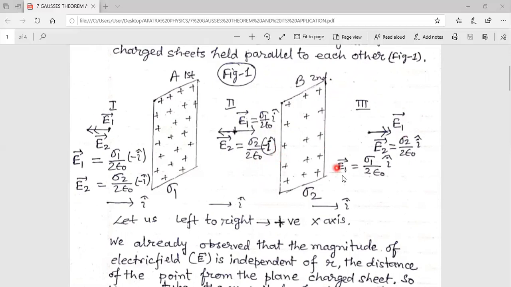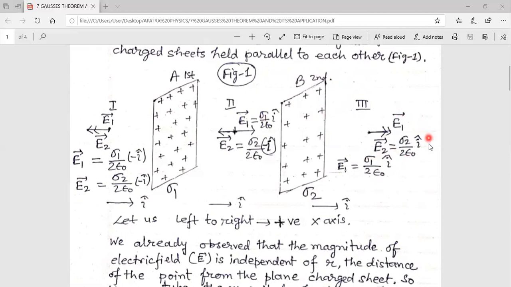In the third region, on the right side, E1 is away from the first charge sheet. Since the electric field is independent of distance, the value of E1 remains the same, sigma 1 divided by 2 epsilon naught i cap, from left to right.